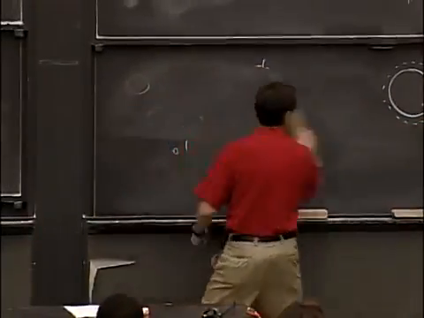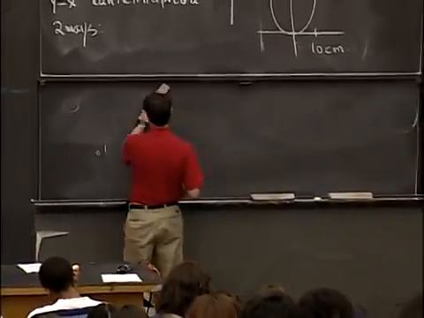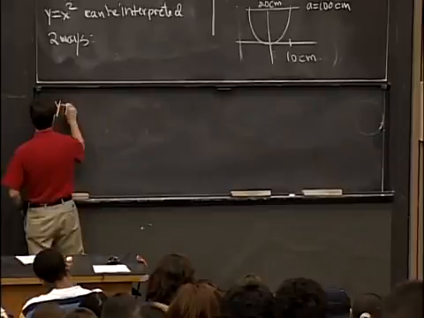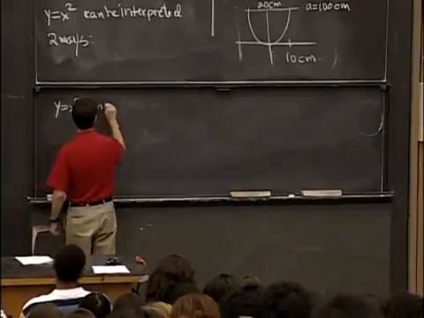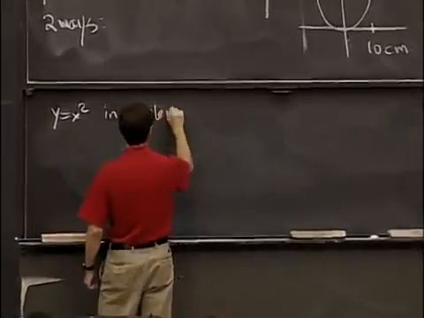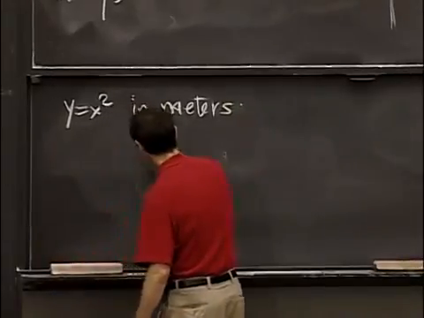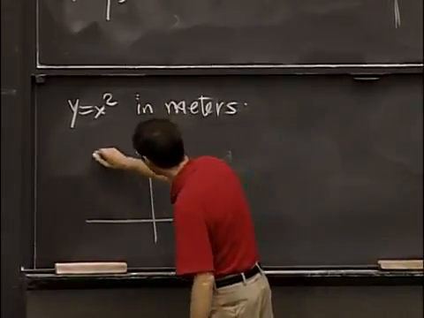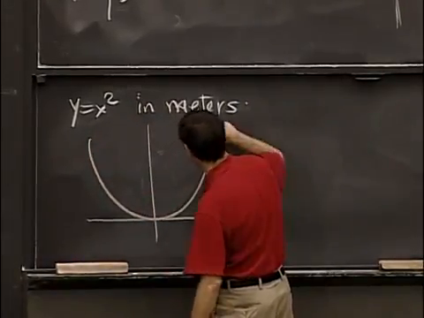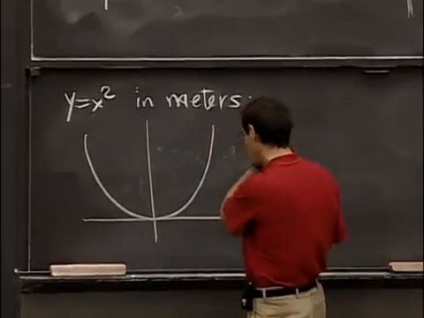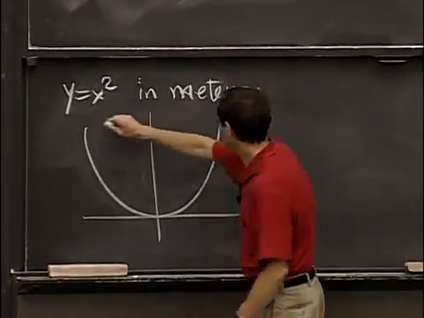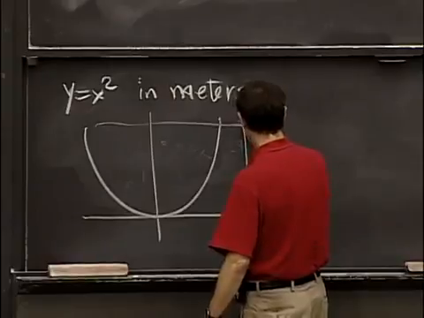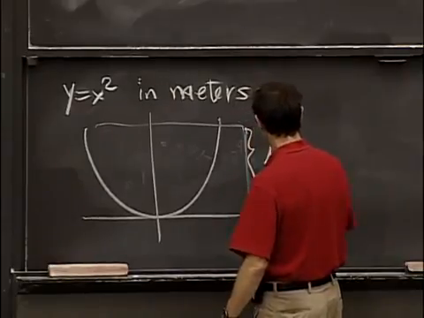The other picture is interpreting y equals x squared in meters. And that's more like what I had in mind, actually. I had in mind this big vat here. And this distance here is 1 meter.